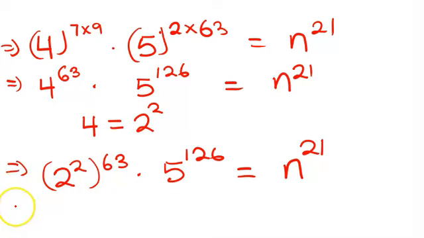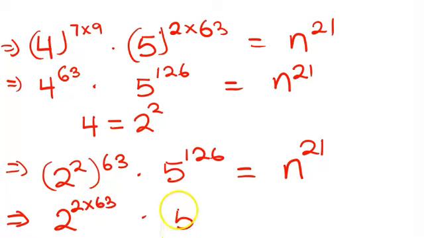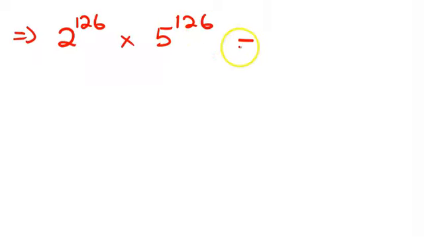So once again, using the laws, we have 2 raised to the power 2 times 63, times 5 raised to the power 126, equal to n raised to the power 21. So we are having 2 raised to the power 126 times 5 raised to the power 126, which is equal to n raised to the power 21.